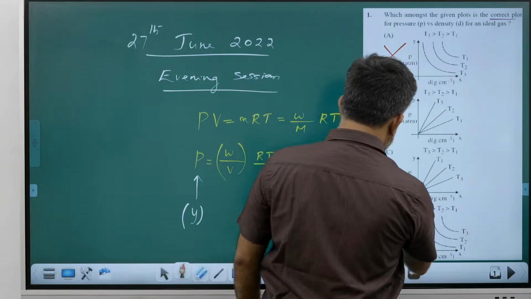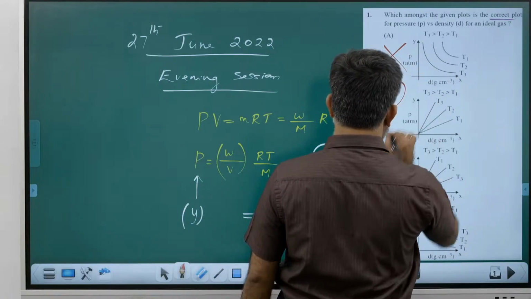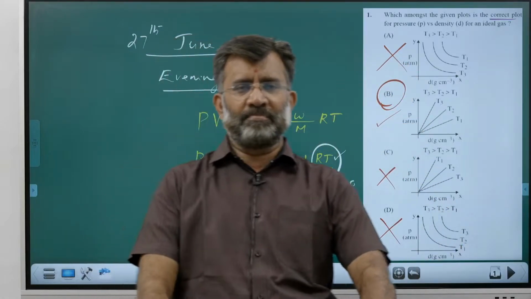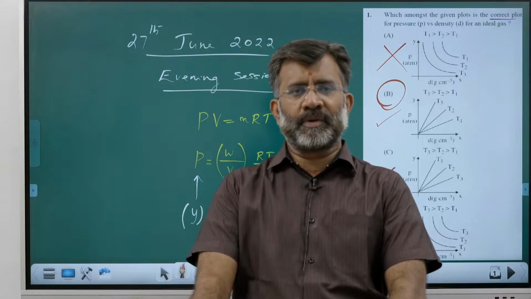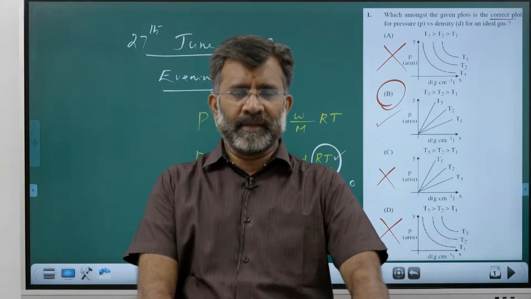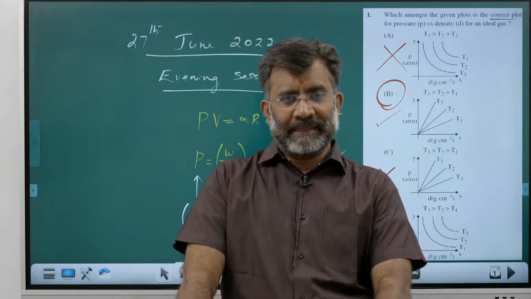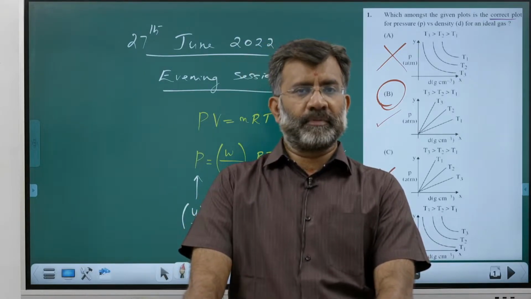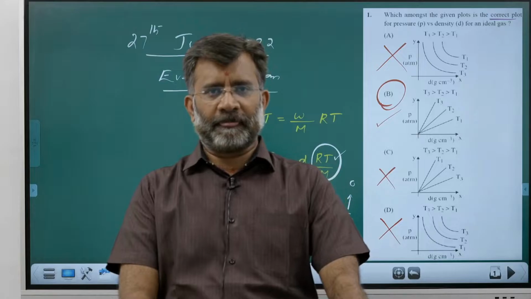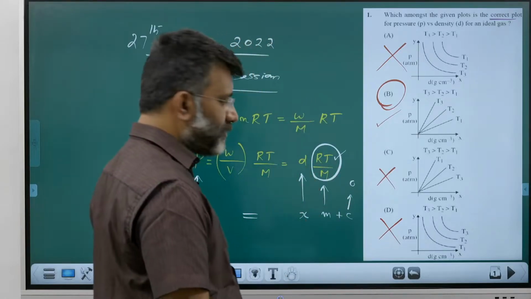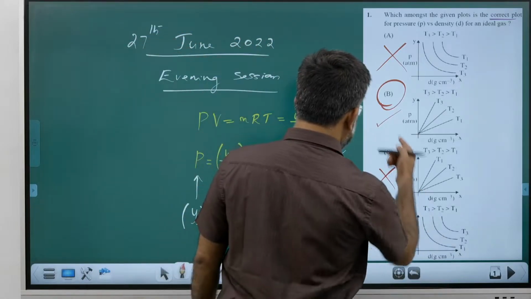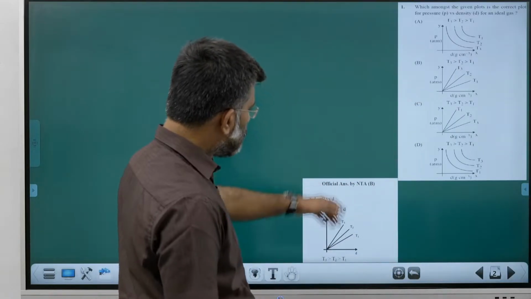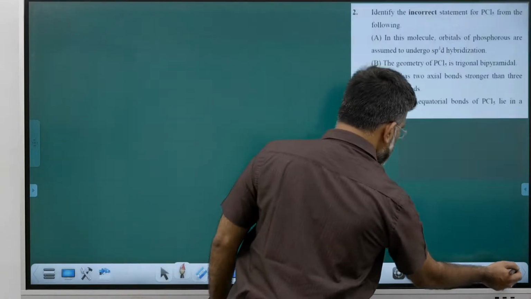So we can rule out option C, and the correct answer is option B. A beautiful question based on the density relation derived from the ideal gas equation, from the chapter states of matter, right? Let's move on to the next question. So the answer is option B. Next.